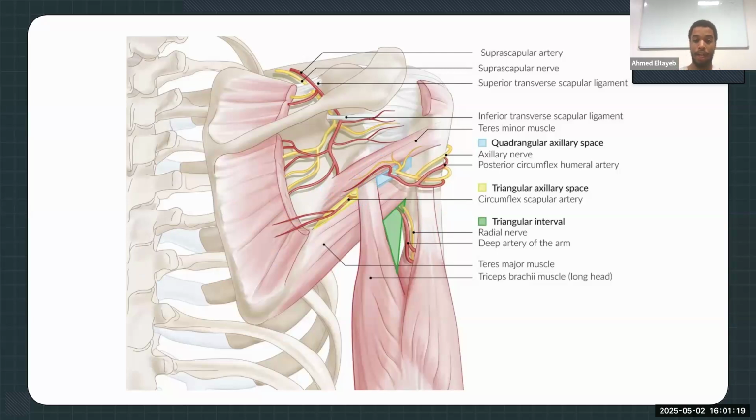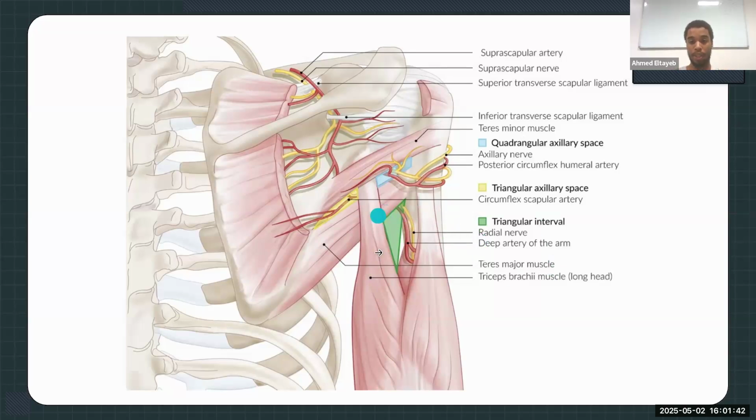And finally, the lateral border of the triangular space would be the long head of the triceps. And running through the triangular space, we have the circumflex scapular artery. This is important because we said the circumflex scapular artery comes from the third part of the axillary artery, and it contributes to the scapular anastomosis.